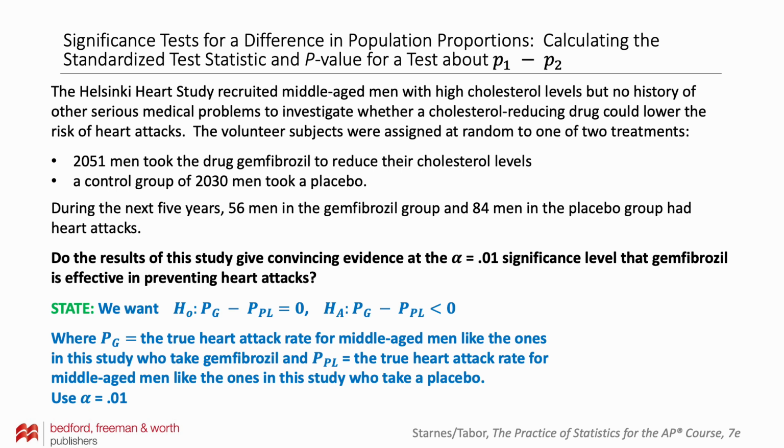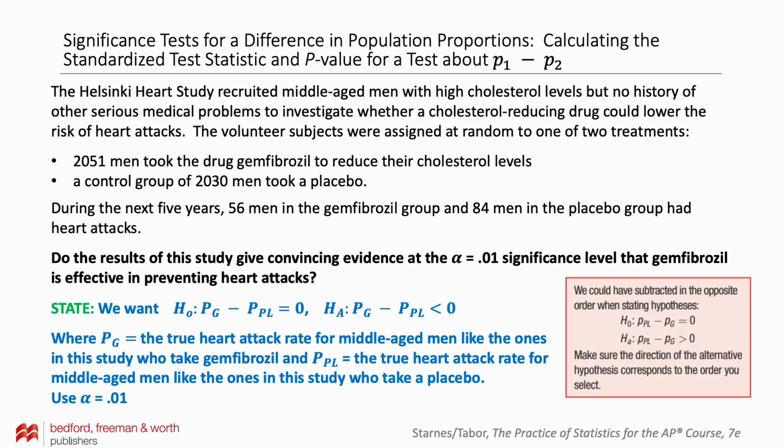P sub G is equal to the true heart attack rate for middle-aged men like the ones in the study who take gemfibrozil, and P sub L is the true heart attack rate for middle-aged men like the ones in the study who take a placebo. The alpha level is 0.01.